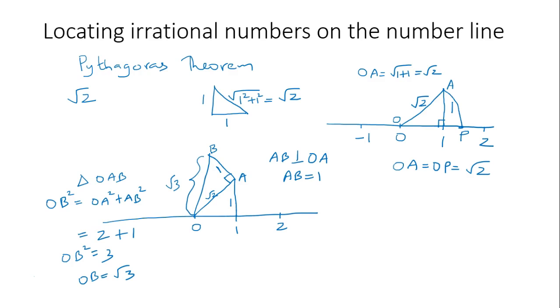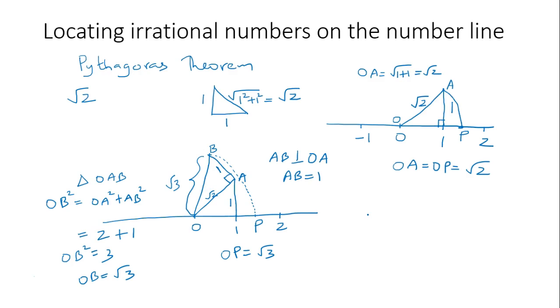Now you just have to transfer this distance to the horizontal line by using a compass. So just draw an arc like this with center O and radius OB, and this point P is going to be root 3. So the distance OP is going to be root 3. Similarly, you can go on constructing more and more triangles and plot other irrational numbers on the number line.